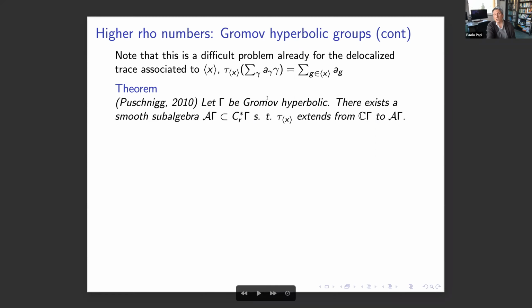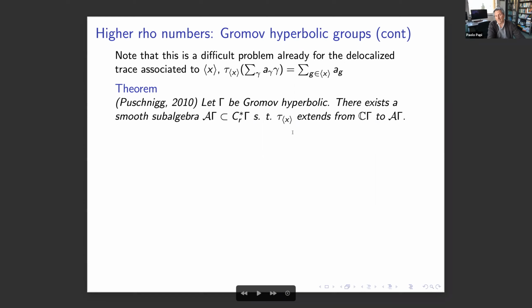Here we are in the delocalized case, and so it's a more delicate matter to extend. Already for the trace, this is a non-trivial problem, and it was solved in a very original way by Mikhail Puschnigg in a paper where he defined a very specific smooth subalgebra in the case in which gamma is Gromov hyperbolic, such that the delocalized trace associated to a conjugacy class extends.